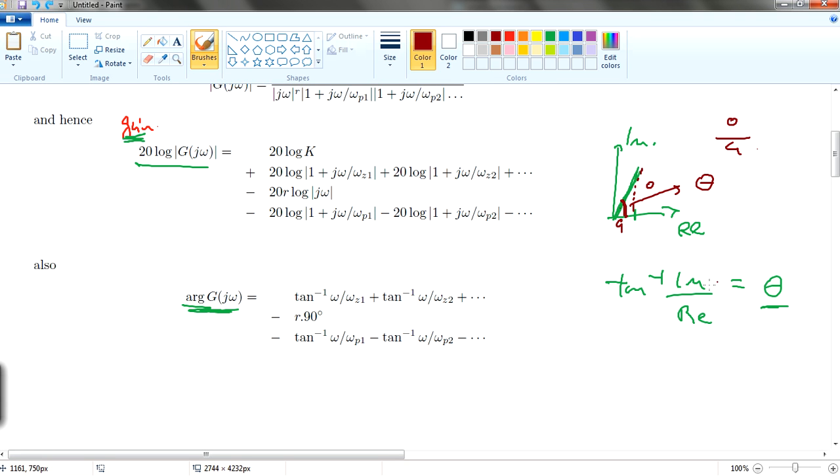Therefore the imaginary is omega over omega z1. Soon you will know that this is the corner frequency. So this whole thing is the imaginary axis, divided by 1, you'll get back this over here. This is why we explain this is the first zero.